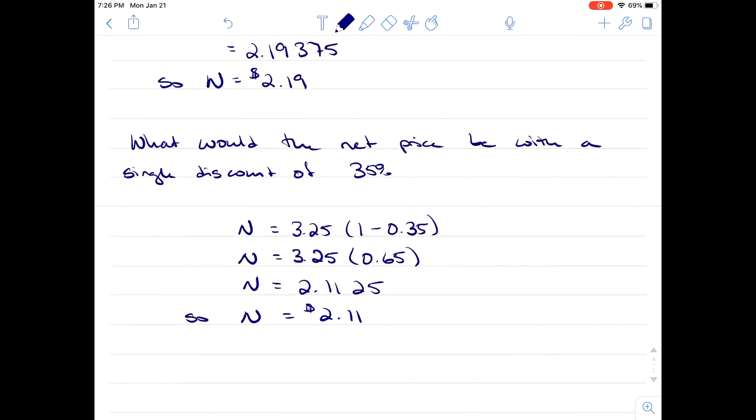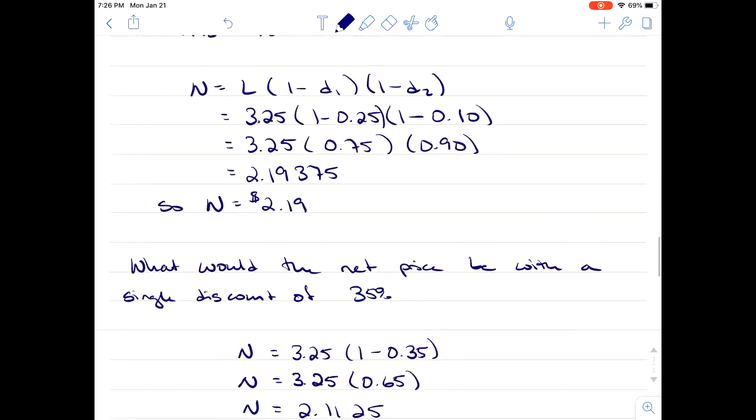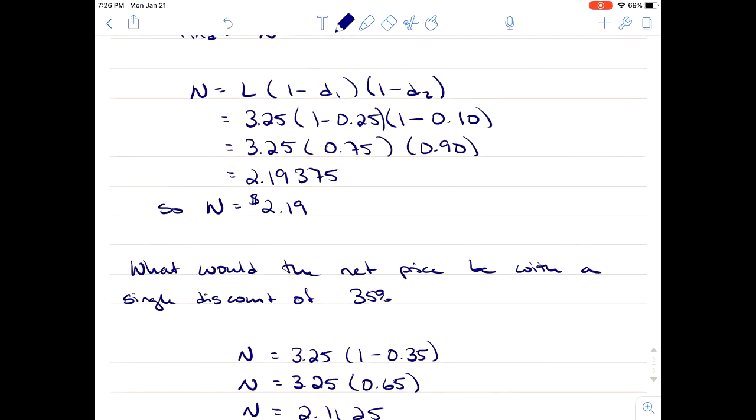So you want to be careful, because 2 consecutive discounts are not going to be the same as 1 single discount. We could combine these 2 to find the discount that's equivalent to these 2. That's what we'll do later on. You could figure out, well, what do I need?